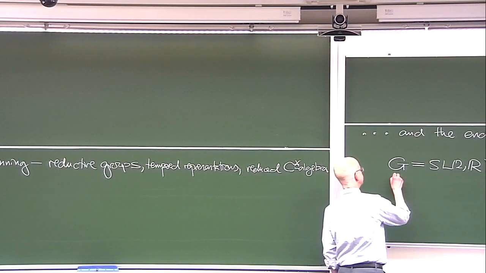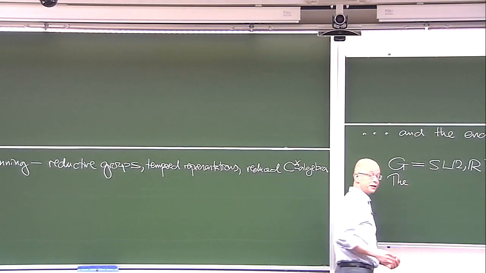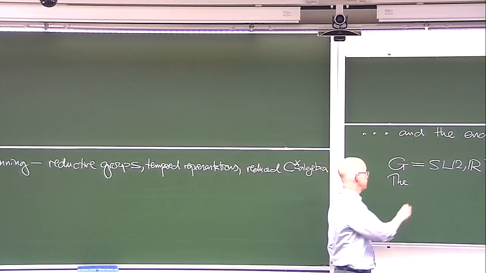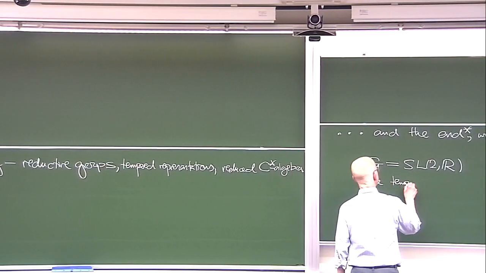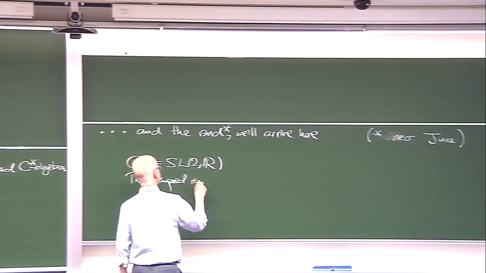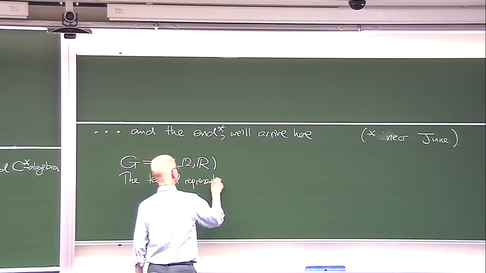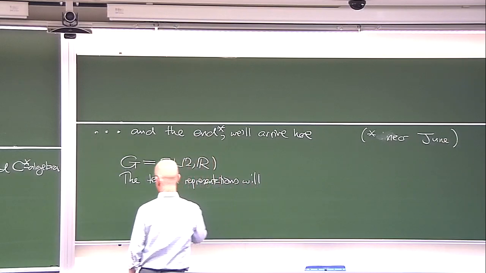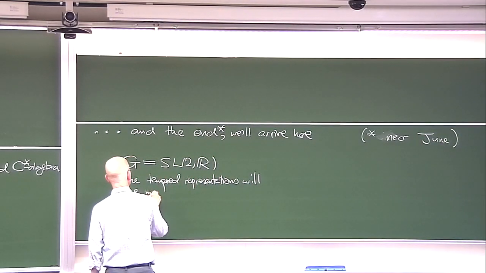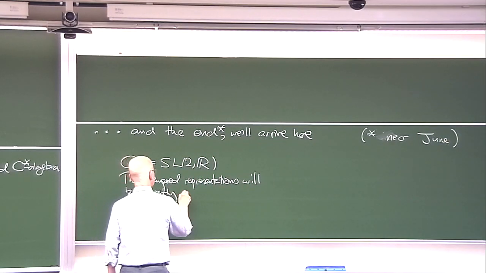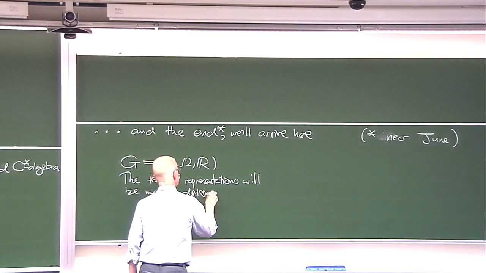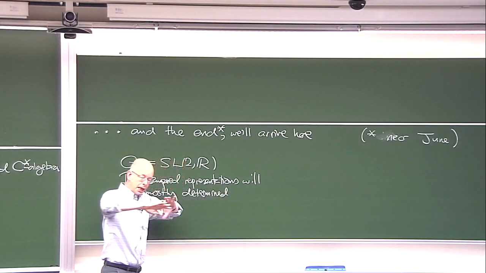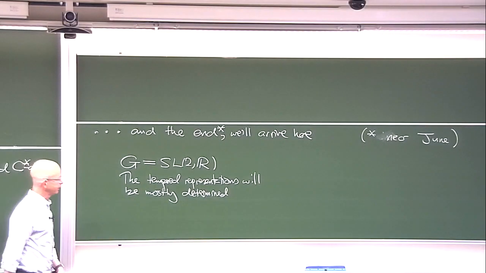And the final conclusion is going to be this statement. So tempered representations, whatever they are, will be mostly determined. The theory will acquire its shape from the following geometry.